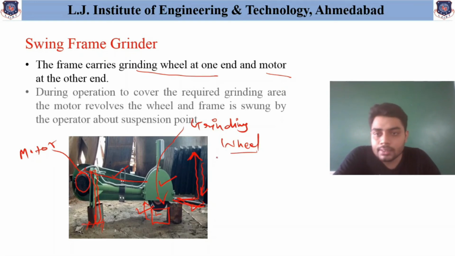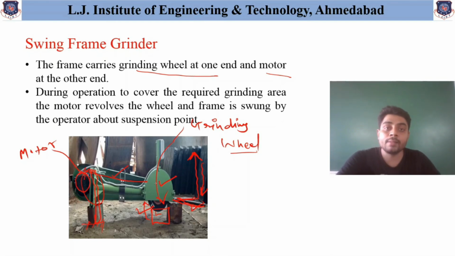Similarly, during any operation, to cover the required grinding area, the motor revolves the wheel and the frame is swung by the operator about a suspension point that we have discussed, that is the hinge point. It means that about this particular portion, this machine can be swung or rotated or moved up and down based on the requirement. So for large size workpieces, to cut them very easily, this swing frame grinder is used.